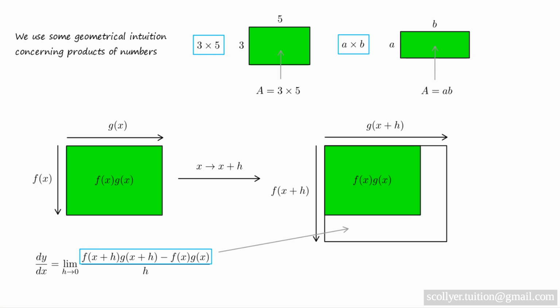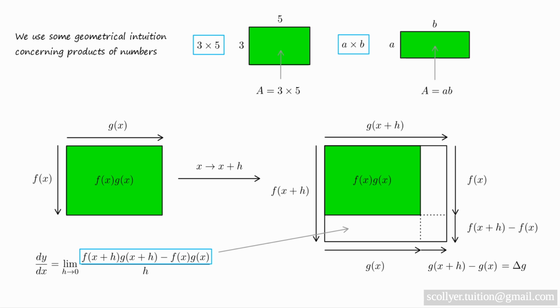Now to describe this area algebraically, it's useful to chop it up into 3 chunks, as indicated by the dotted lines. And we can now label the various dimensions as follows: f of x plus h minus f of x, g of x plus h minus g of x, and we will find it useful to label g of x plus h minus g of x as delta g, where delta means the change in.